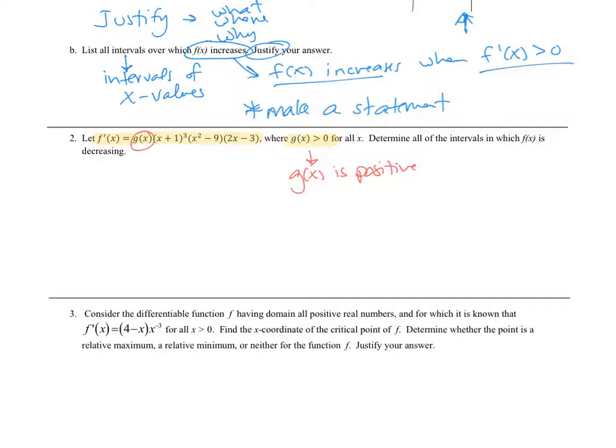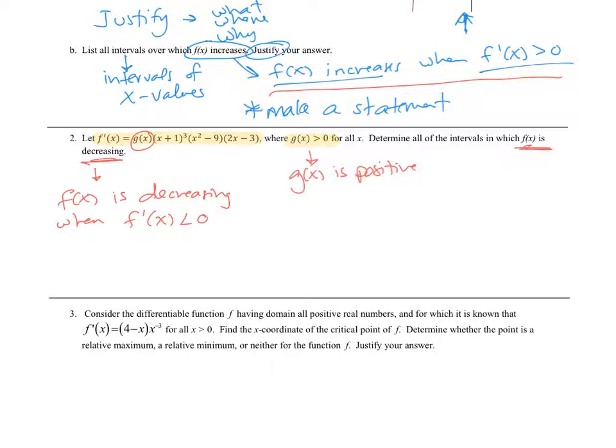And g of x is right here in that f prime, in which f of x is decreasing. Well, up above we said f is increasing when the slopes of the tangent lines are positive. So similarly, I could say f of x is decreasing when the slopes of the tangent lines, f prime of x, are negative.